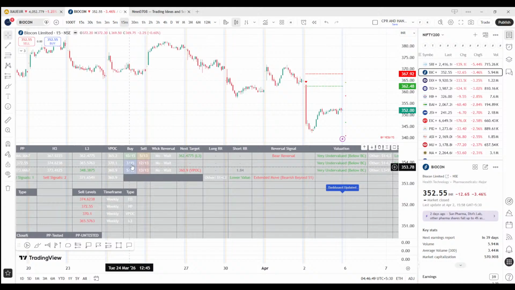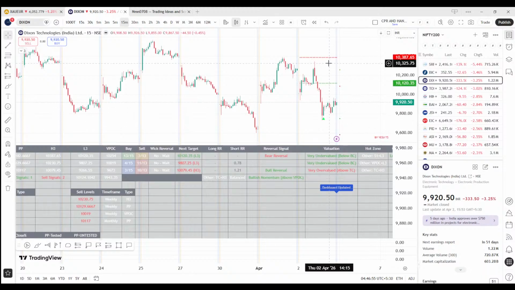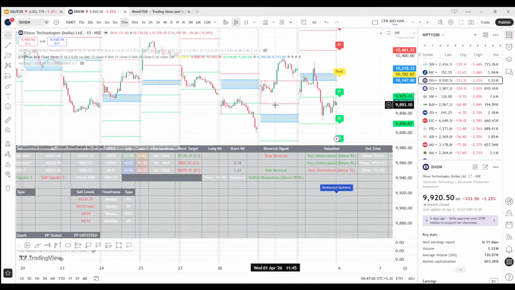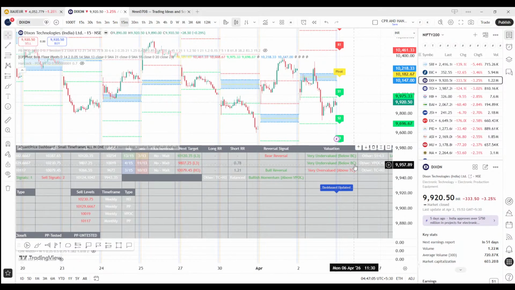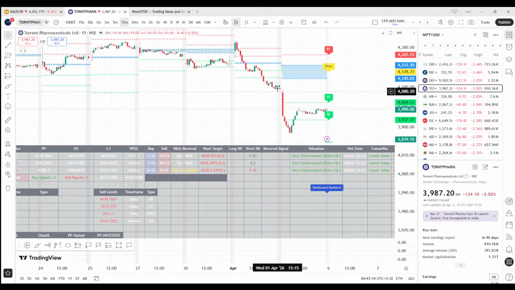But see, in few companies the bias is still failing. Dixon. Also, if we apply the CPR ones with respect to Camarilla, what you can see directly from here, all the prices are visible, but still I like using the drawings.